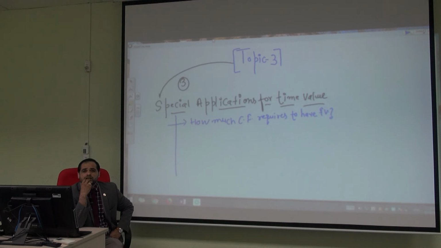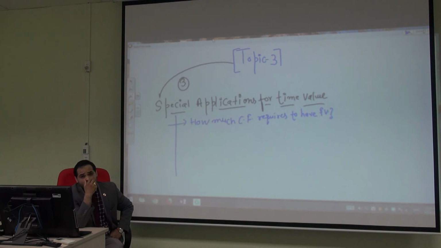In that case, you have to estimate how much money you have to deposit every year in the bank so that the money becomes $50,000 after 5 years.